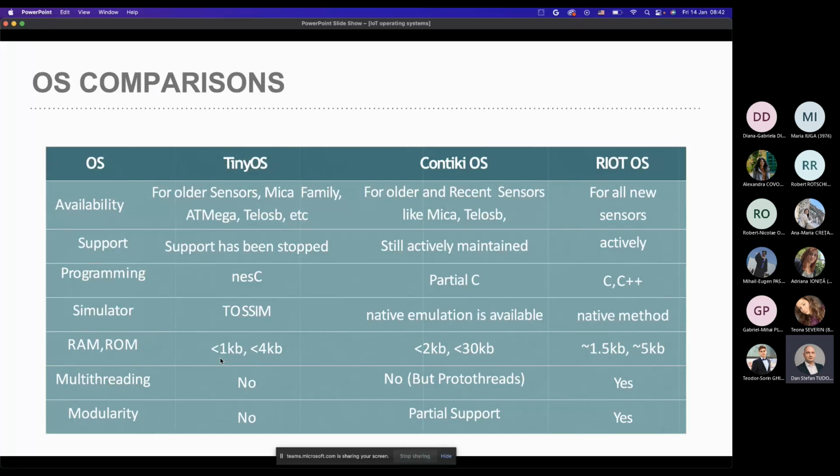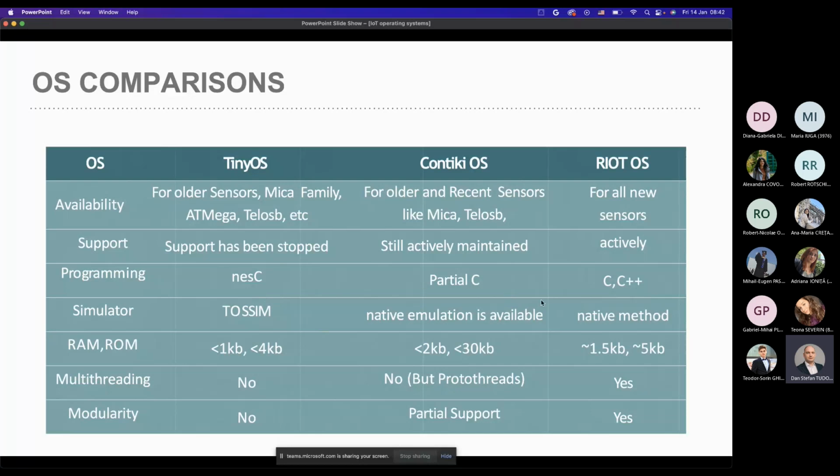But there are mainly differences in the programming style for each of them. So nesC, for example, for TinyOS doesn't make it very appealing for programming because you'd have to learn some new programming ideas for nesC. That it's not that different from the regular C that we're using.